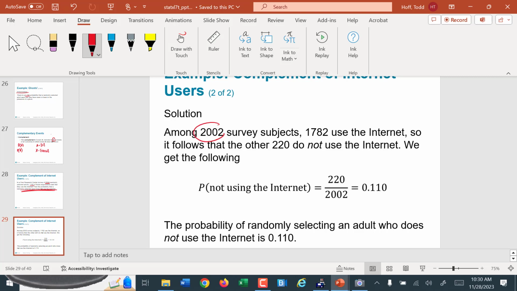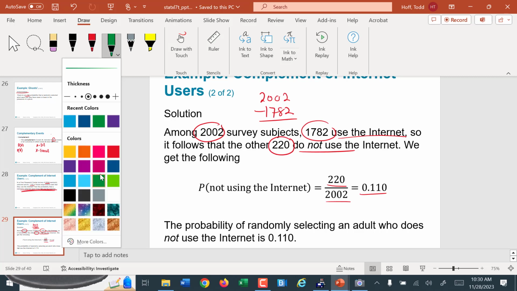Of the 2002, 1,782 said they used the internet, so we subtract 2002 minus 1,782 gives us 220 that do not use the internet. So that's 220 out of 2002, giving me 0.110 probability that a randomly selected adult does not use the internet.